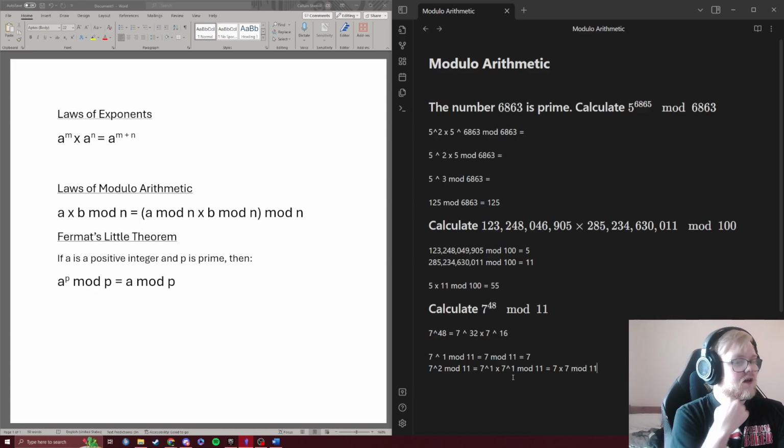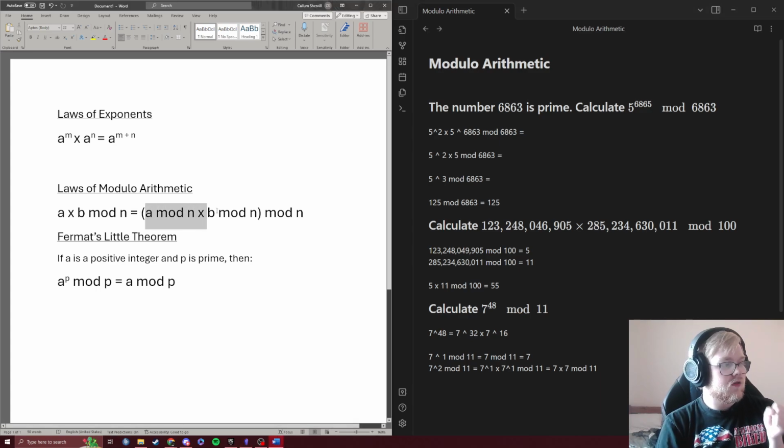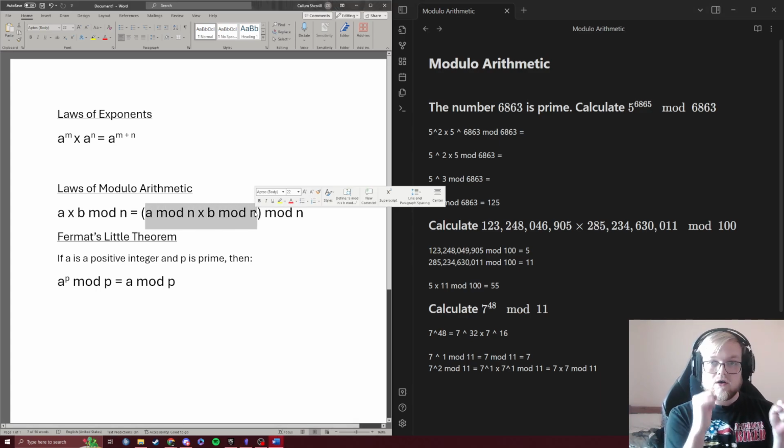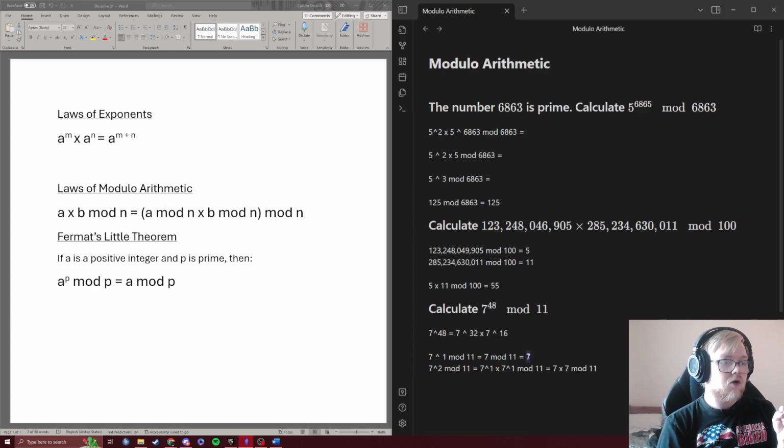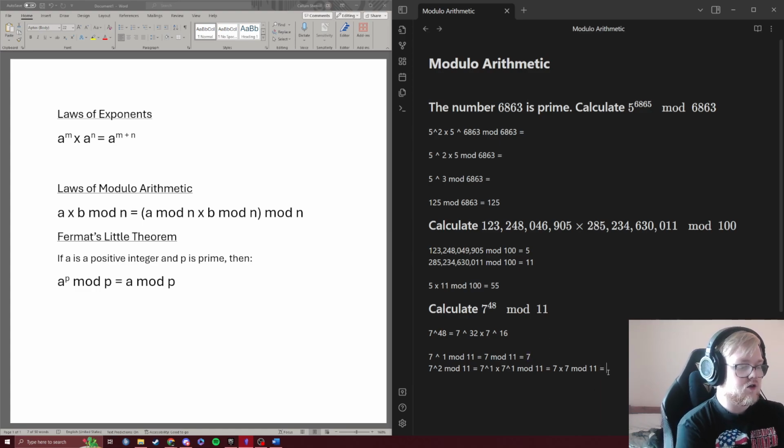And once again, we know that because of the law of arithmetic, what we're doing is we're using the modding of each side of the times table here, where we are reducing it to its lowest form. So doing this calculation, we're doing 49 mod 11 now.